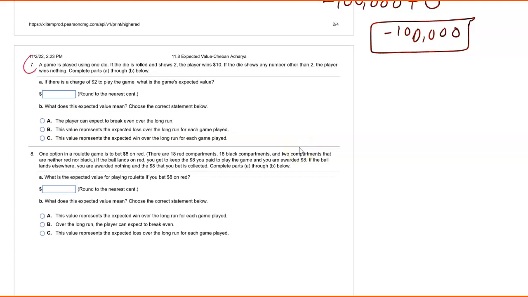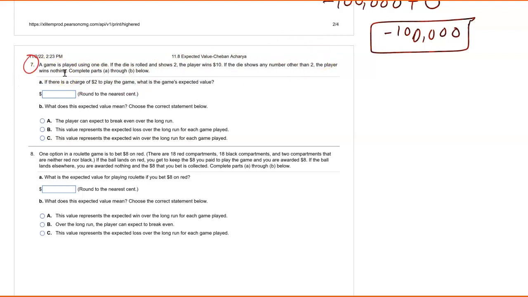Question 7. A game is played with one die. If the die is rolled and shows 2, the player wins $10. But if 2 is not rolled, the player wins nothing.